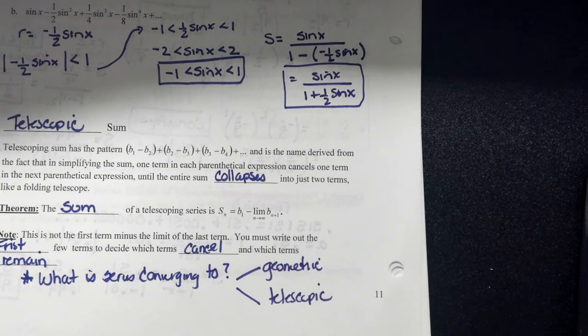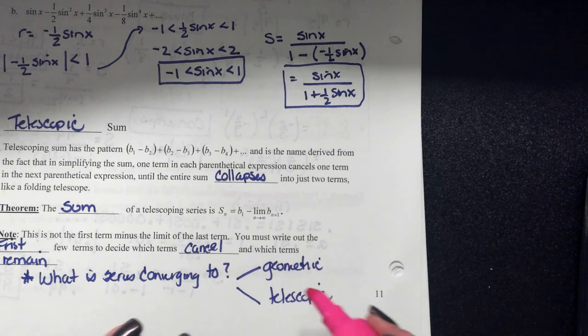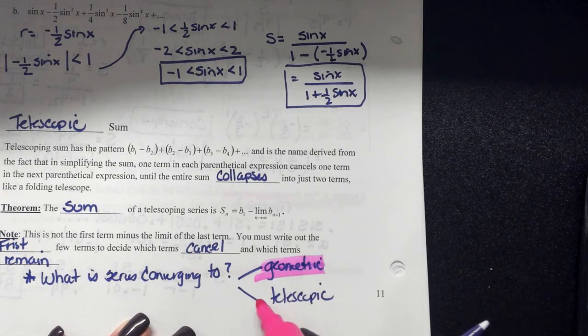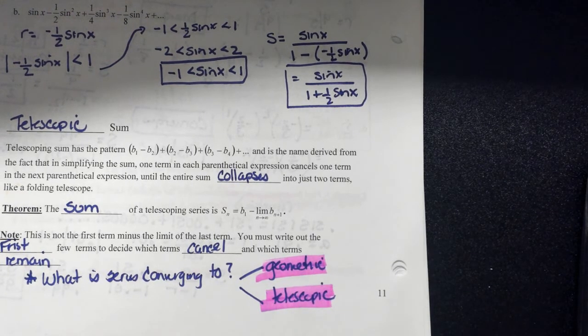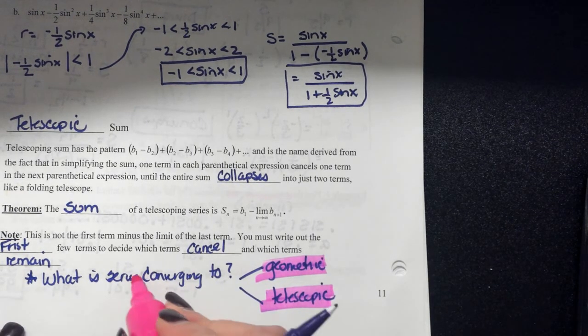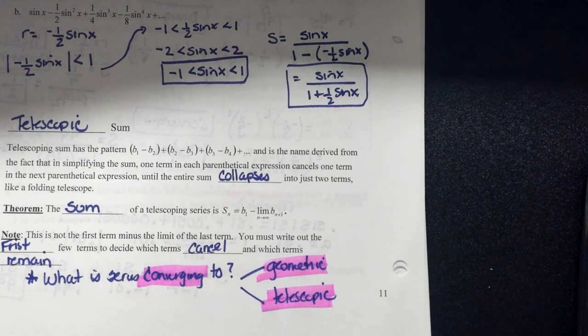Most of the other series, you're not even going to be able to find what they converge to. So right away in the question, if they ask you what the series is converging to, be on the lookout for the geometric or the telescopic.